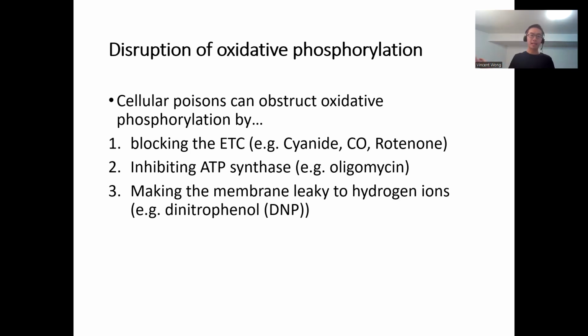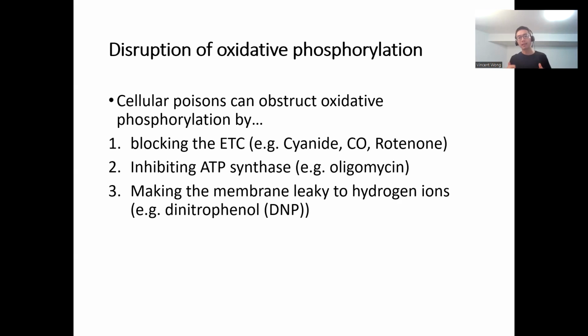No ATP, we die. Next one, inhibit the ATP synthase, that's the orange doorknob thing, the turbine, I keep calling it. If you block the turbine, H+ doesn't come back in, we don't create ATP, we die.